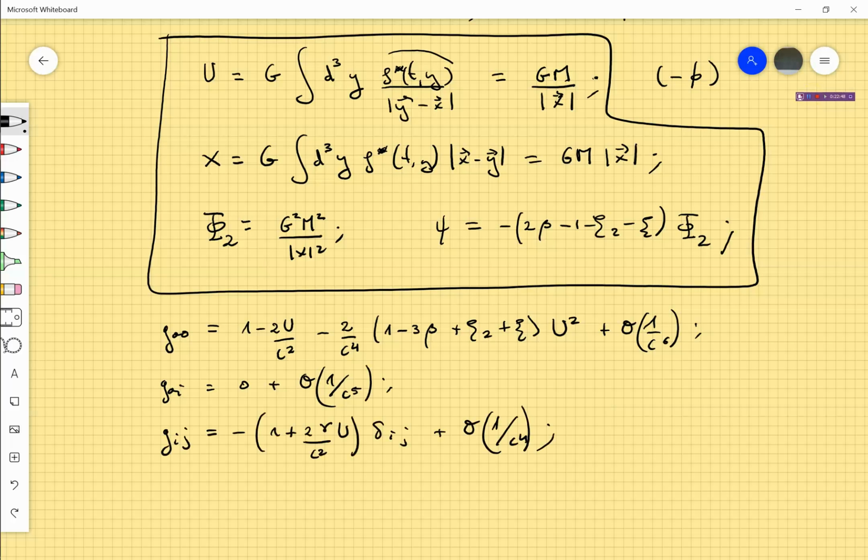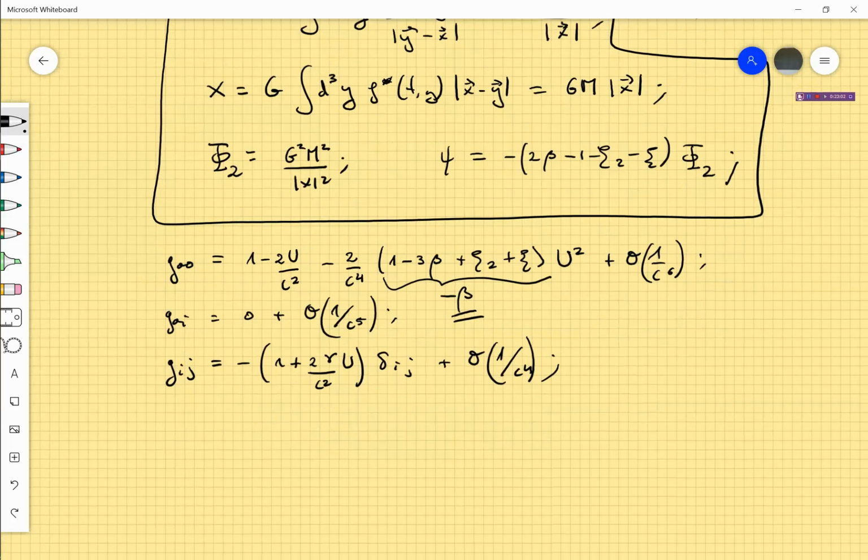And now by inspection of the metric, since this combination only appears here and always in this form, we're going to redefine this as minus beta, which would be the traditional value of this.